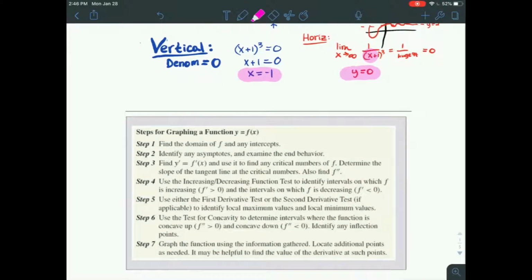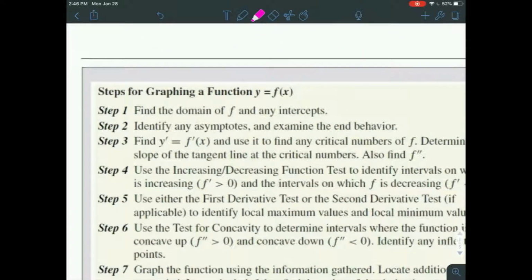Okay, so besides asymptotes, if we're going to graph a function strictly using calculus, it's a good idea to have some important points, like any x or y intercepts. So we'll find those, and like I just did, we'll figure out our asymptotes. And if it's a polynomial, look at the end behavior. If you have an even degree polynomial, both ends should point up. Or you could take some limits as you approach positive and negative infinity and see whether they go to positive or negative infinity.